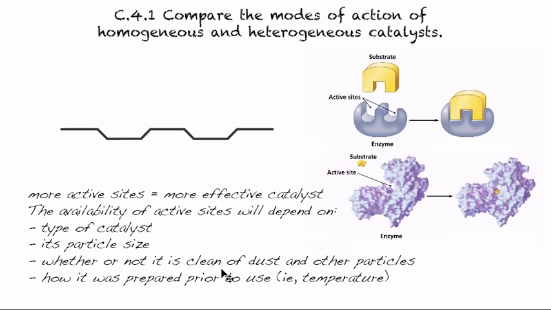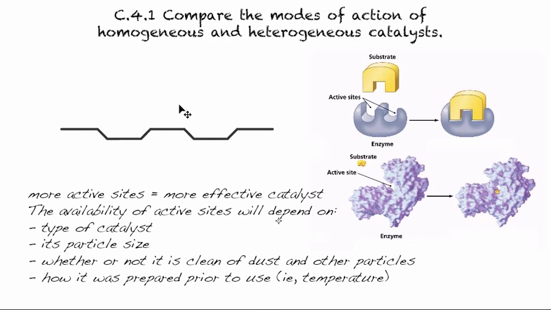The other part you can think about is whether or not it's clean of dust and other particles. If there's some contamination here, then obviously the reactants couldn't actually adsorb to the surface. That can be a problem if you get dust or particles in there. And the other part you can think of is how it was prepared prior to use.